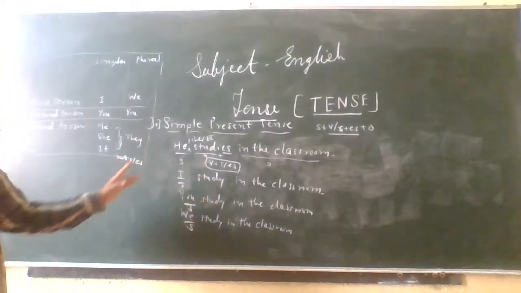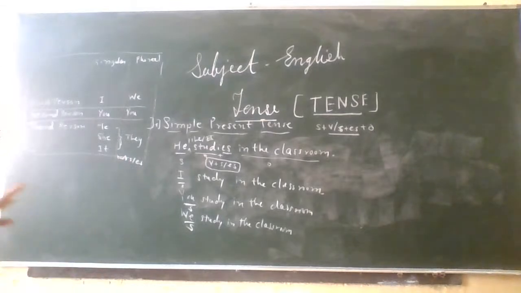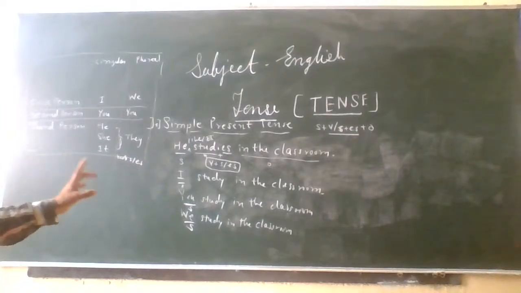So in this way, you have understood simple present tense. For first person singular, first person plural, second person singular, second person plural, and third person plural, we cannot add anything to the verb; we directly write it.